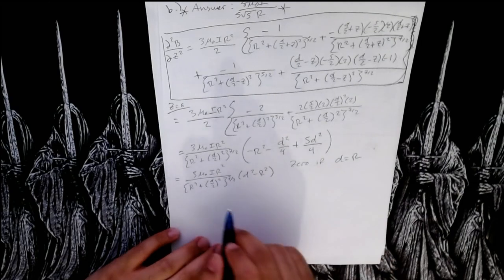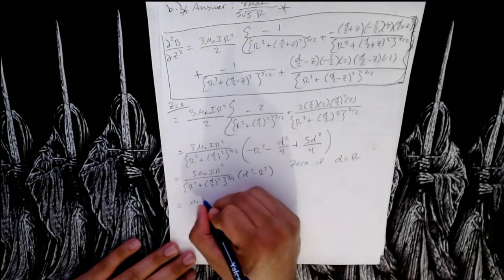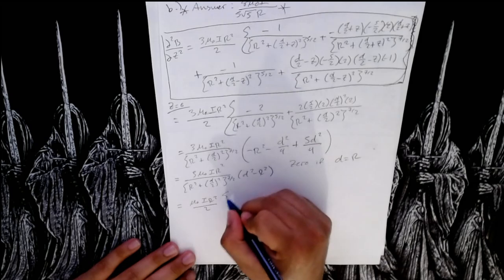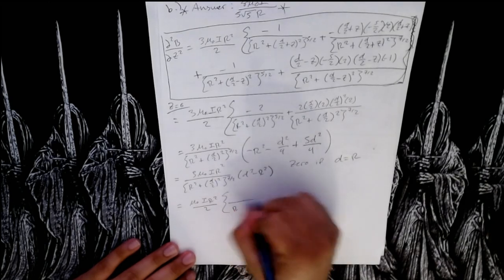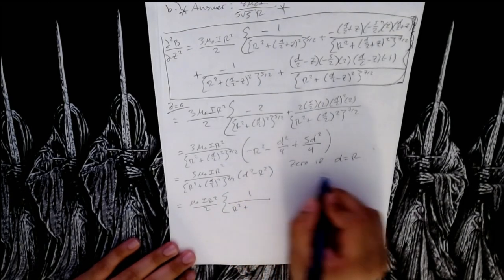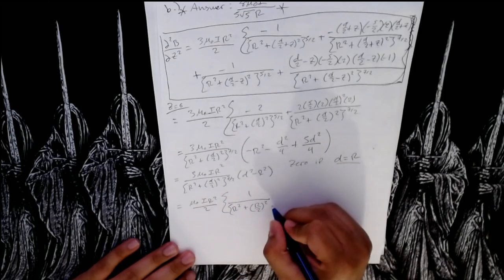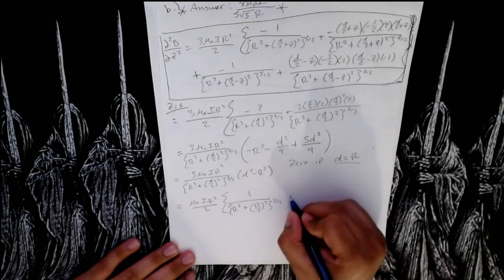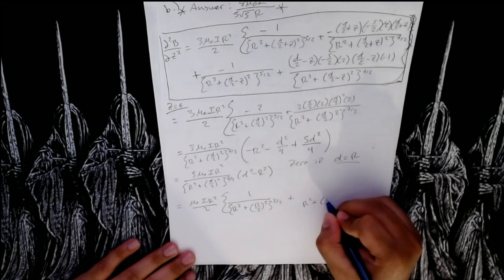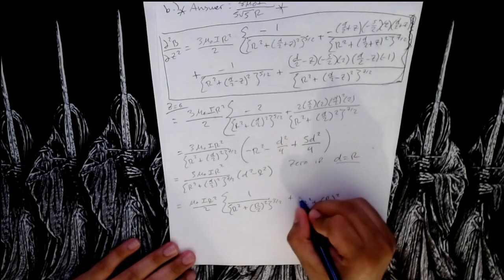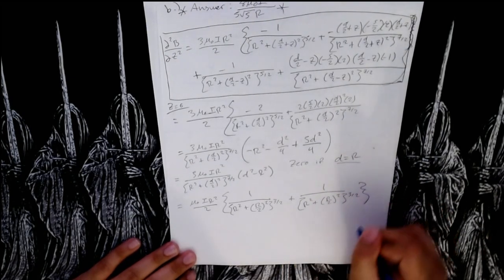So in that case, when d is equal to r, we're going to have mu naught I r squared over 2 times 1 over (r squared plus (r/2) squared) to the power of 3/2, plus, yeah, 1 over (r squared plus (r/2) squared) to the 3/2, right?